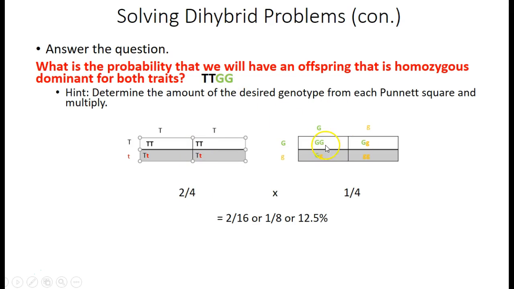Big G, I had 1 out of 4. Because those two events happen independently of one another, I had to multiply. So 2/4 times 1/4 is 2/16. I can reduce that to 1/8, or I can divide 1 by 8 and give 0.125, or I can turn that into percent. I hope this helps.